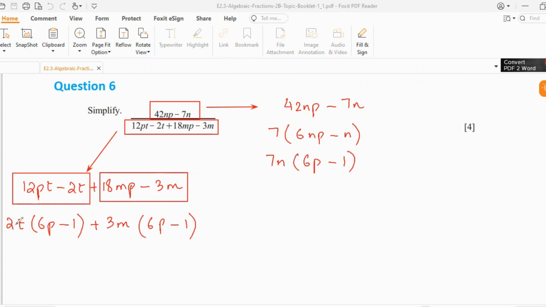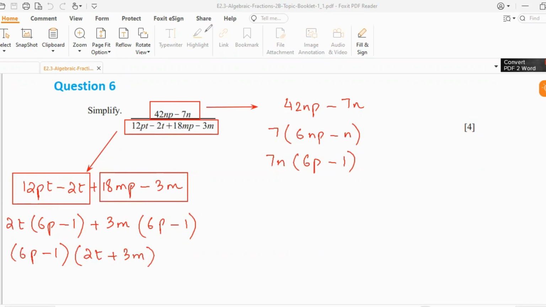Now, if you look at 2t and 3m, both are being multiplied with 6p minus 1, which means we can easily take 6p minus 1 common. And inside the other bracket, we'll be left with 2t plus 3m. So this is the fully factorized form of the denominator.